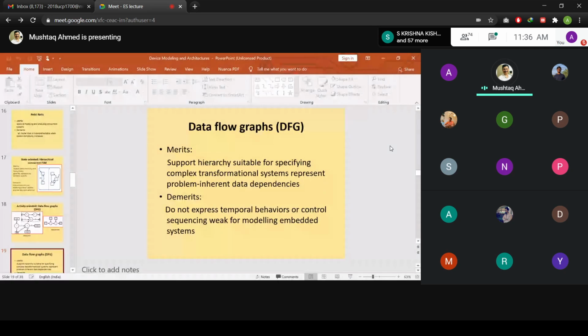So to explain that, we require a certain type of system: what inputs there are, what activity it needs to perform, where it has to go, and what output it would produce. And all those intermediate states or activities, you can explain either using this ER diagram or any other modeling technique.